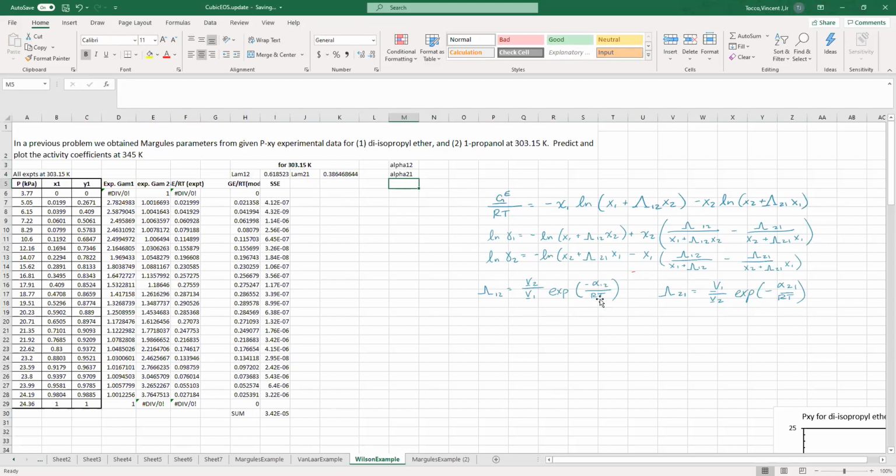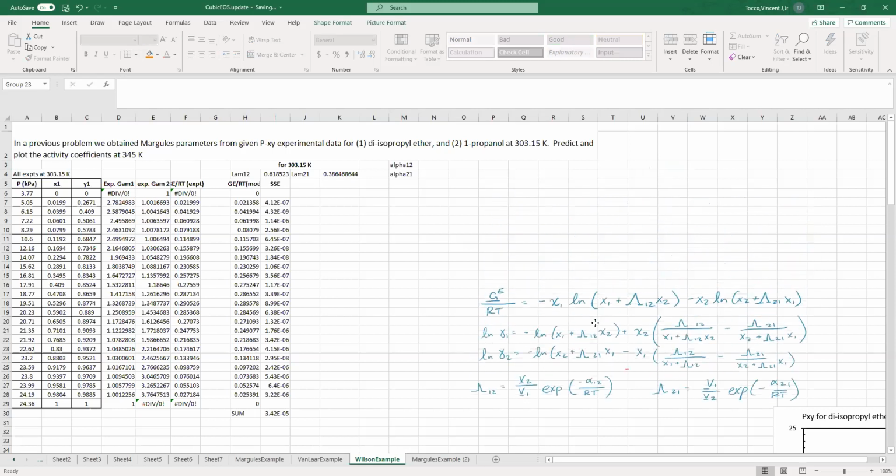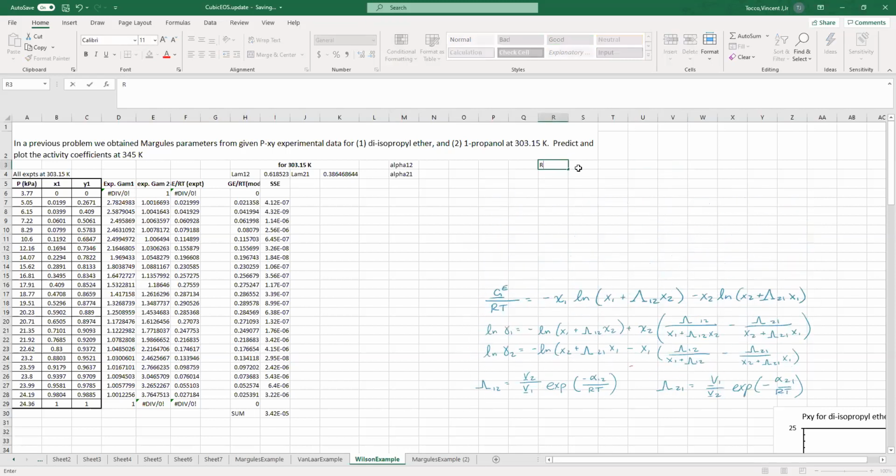I'm going to need the value of the gas constant R. I'm going to put this stuff up here. So R is 8.314, and the units are pascals meters cubed per mole per Kelvin.